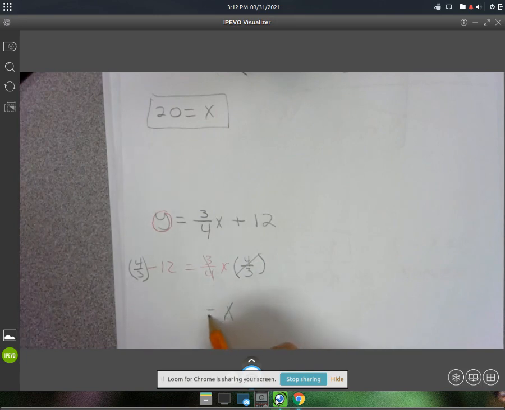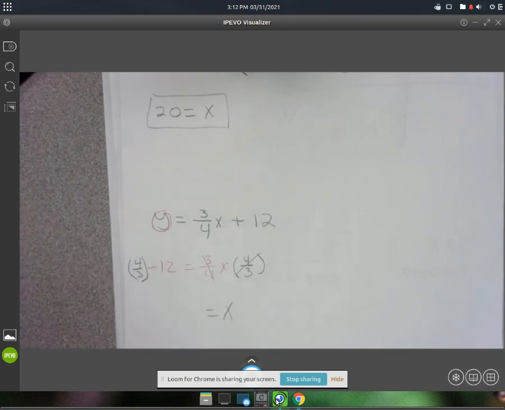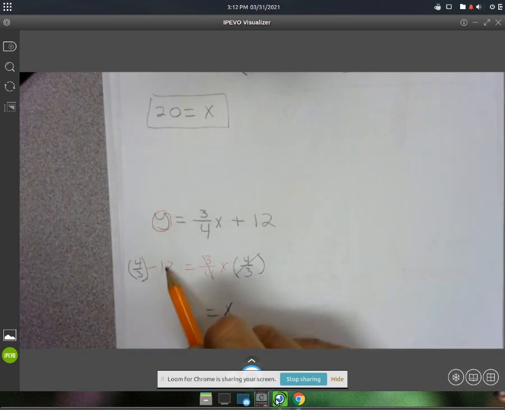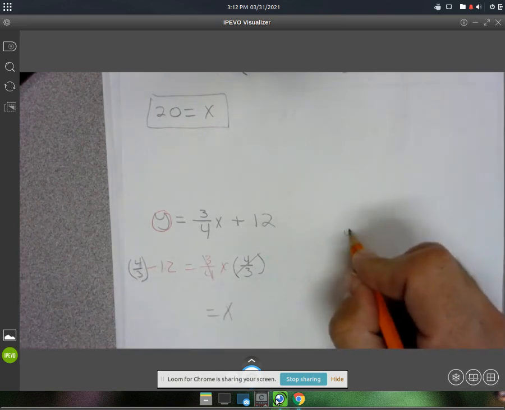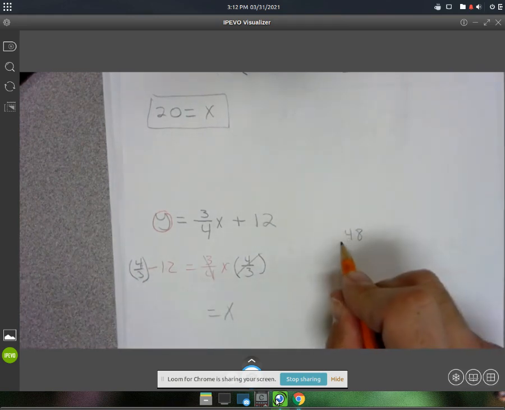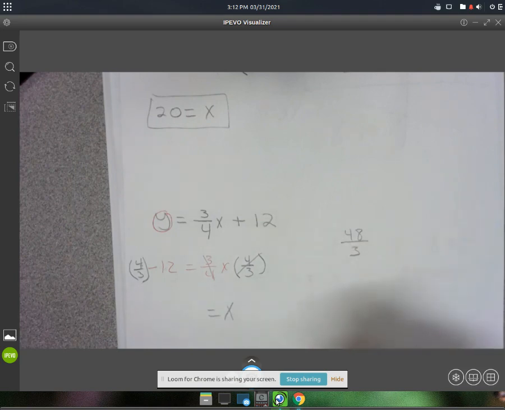I get x equals, and I need to know what 4/3 times -12 is. I'm going to use the top number for multiplying and the bottom number for dividing. So I can do 12 times 4, that's equal to 48. And then I need to divide that by 3.